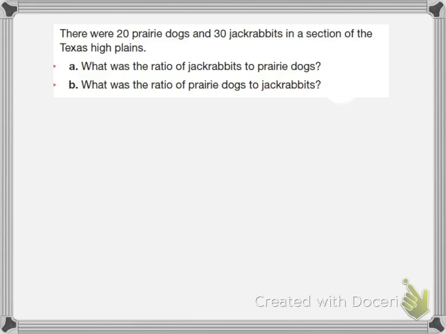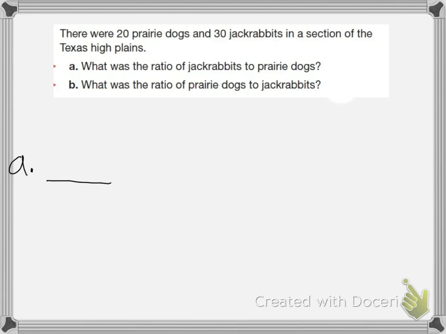This next problem says that there are 20 prairie dogs and 30 jackrabbits in a section of the Texas High Plains. What is the ratio of jackrabbits to prairie dogs? So I have to look at what it's asking, because depending on what it's asking will determine what my numerator is and my denominator.